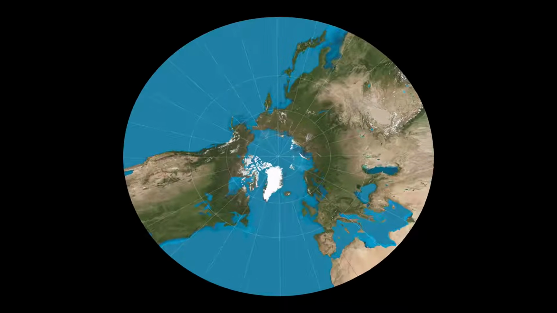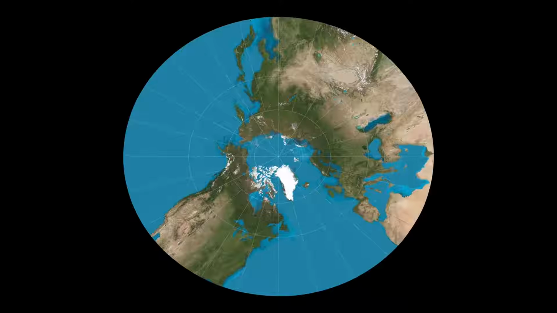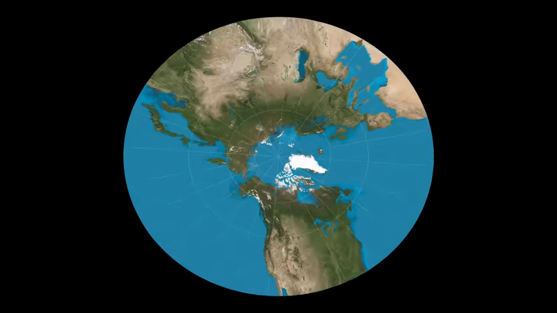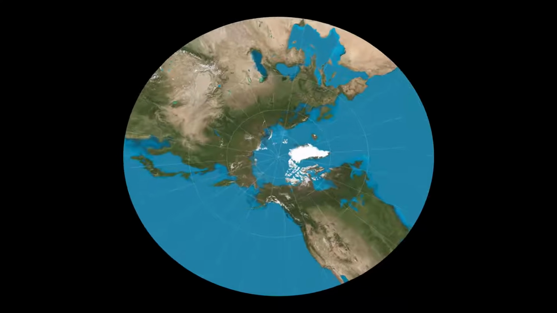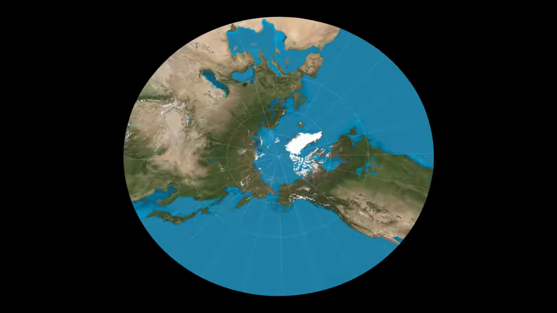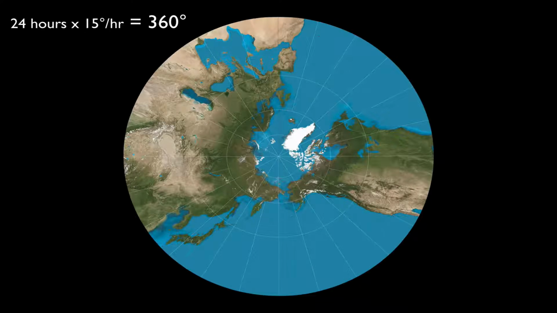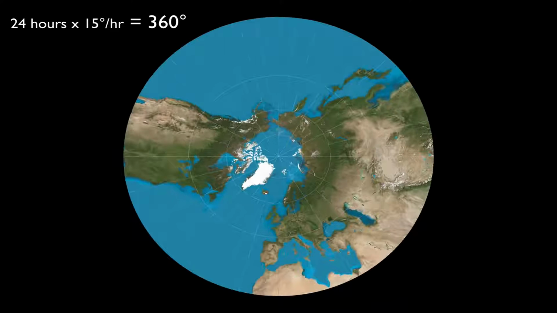We're here to talk about how longitude is really related to time. Because the Earth completes a 360-degree rotation in about 24 hours, that works out to about a 15-degree movement per hour. So after 24 hours, it has completed a 360-degree rotation.